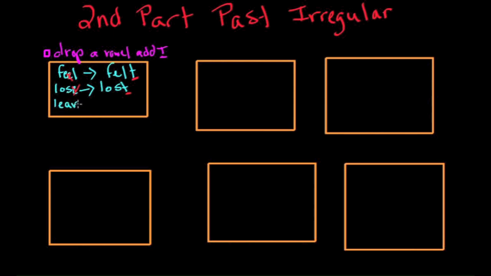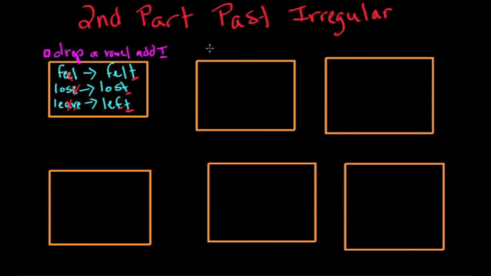Leave changes to left. And in this case we dropped an A here and we added the T here. The V changed to an F. That often happens. A V will change to an F. Not just in irregular past tense, but also when you're dealing with plural. For example, wife turns to wives.